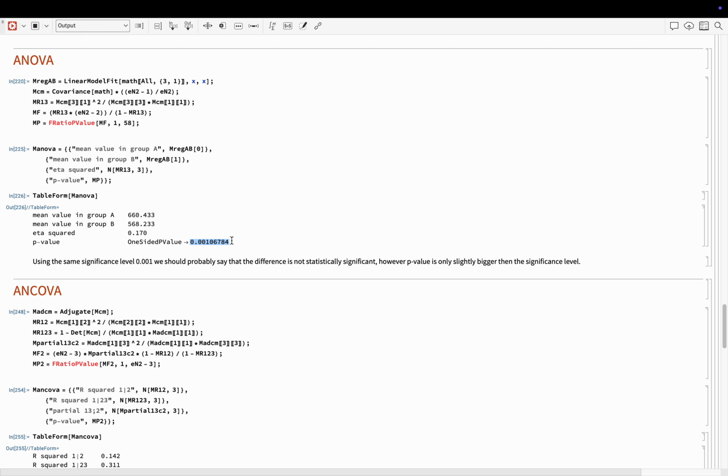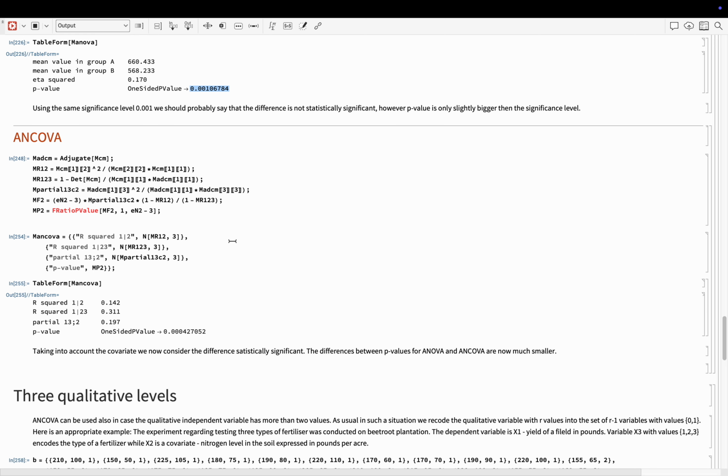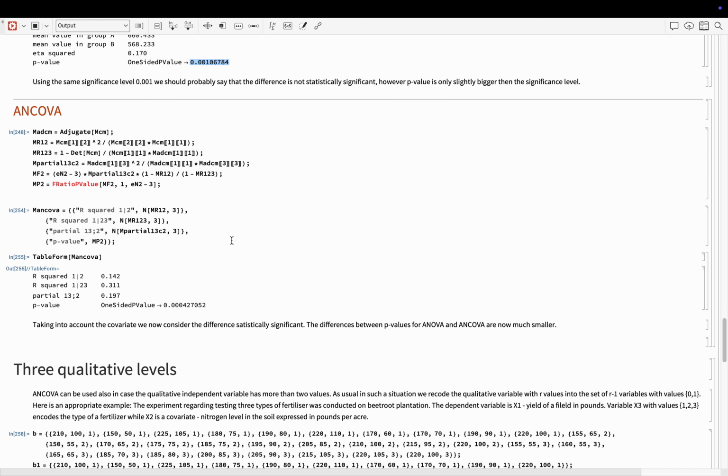If we use the same significance level as before, 0.005, then we would consider this difference significant. And we can proceed to analysis of covariance and see what happens.